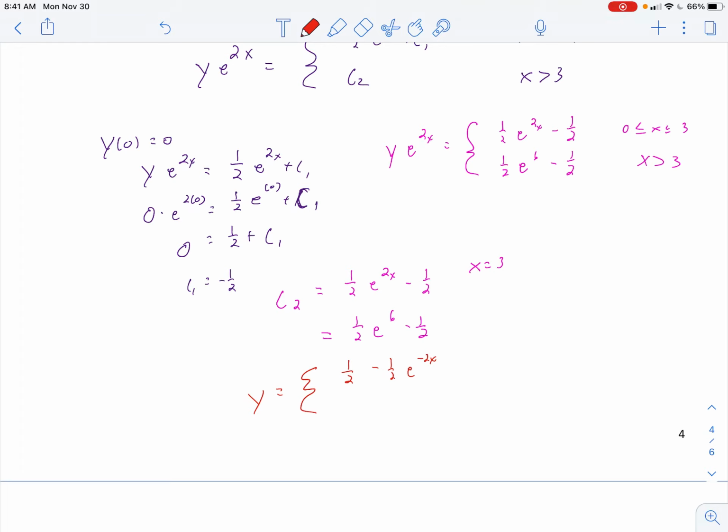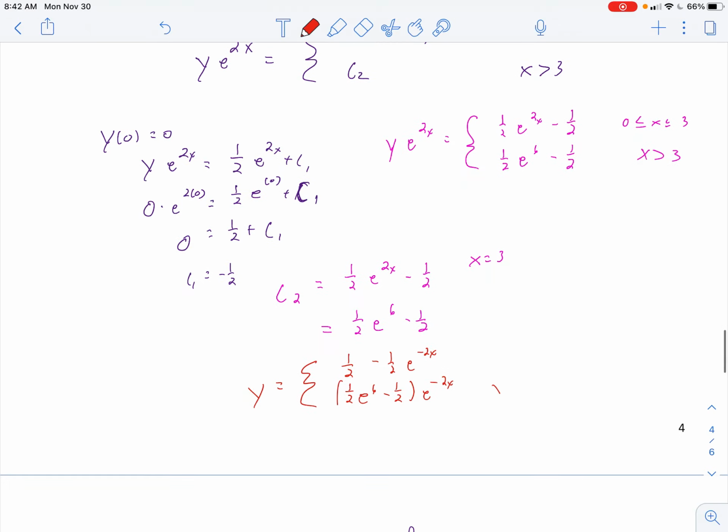And then 1/2 e to the 6 minus 1/2, all times e to the negative 2x, for x greater than 3.